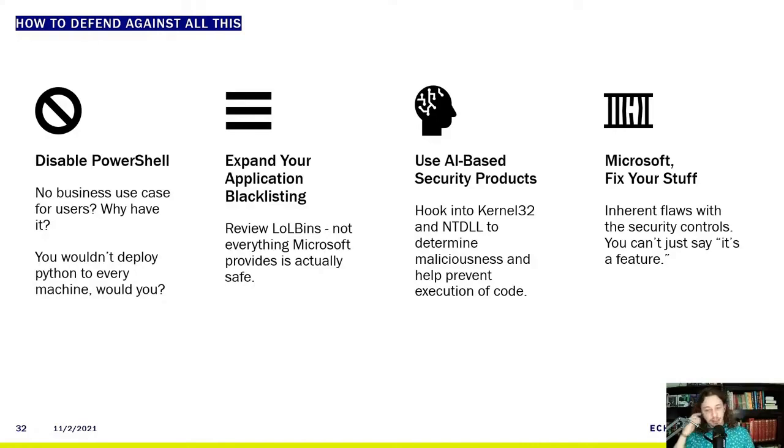And the last thing, it's not necessarily for any of you guys out there, maybe, but Microsoft, you guys definitely need to fix your stuff. There's just too many inherent flaws with these security controls, and ultimately, a defeat that was built 5 years ago still works today because AMZ doesn't function in the way that it is advertised, and that's kind of concerning.